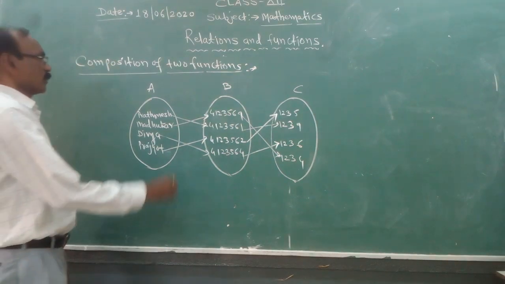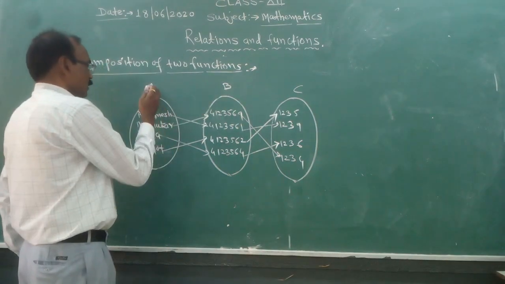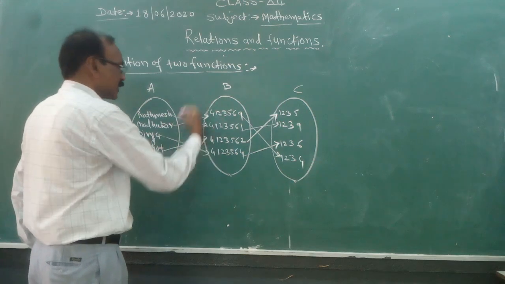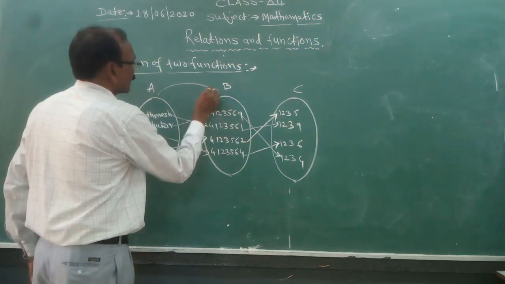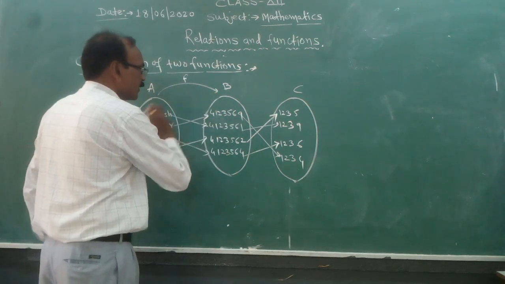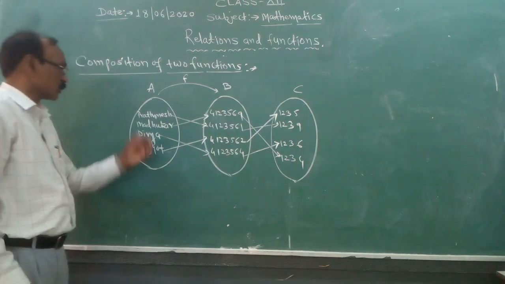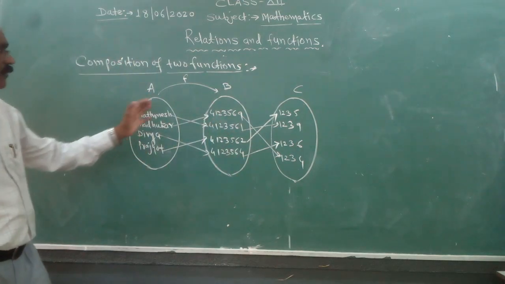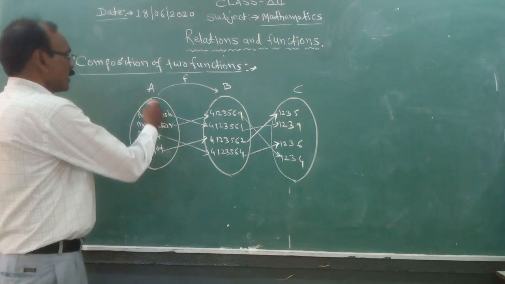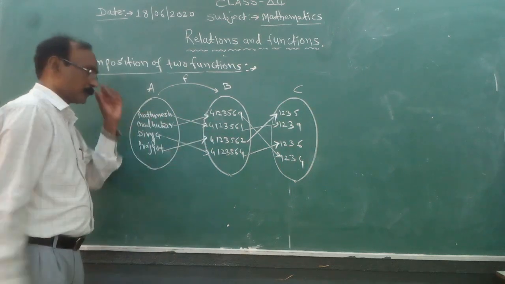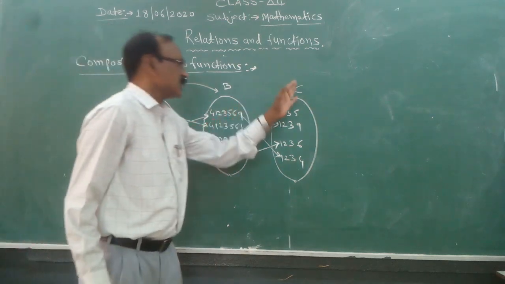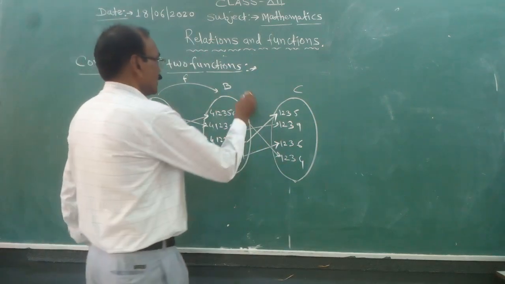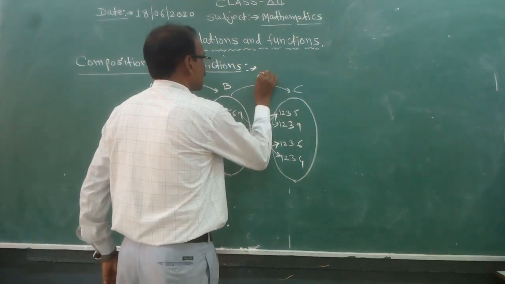Okay, now here two sets are given, set A and set B. Let there be a relation, that is a function, between these two sets, because the students in set A have their roll numbers. So under this function they are related. Then again the set C is there. Let this be function g, suppose.